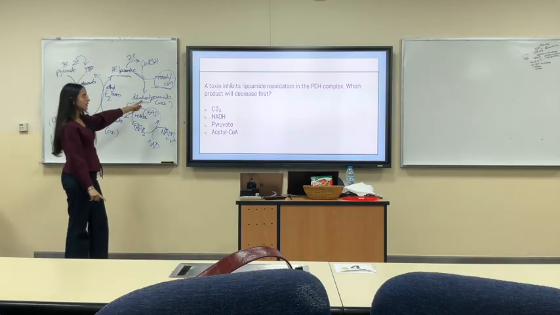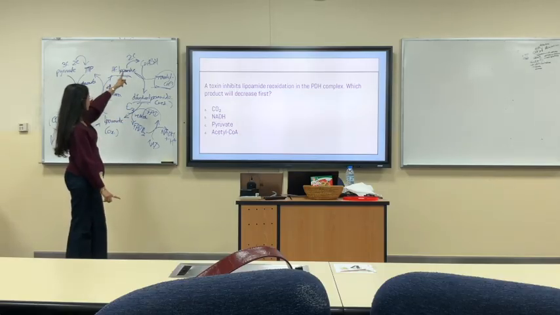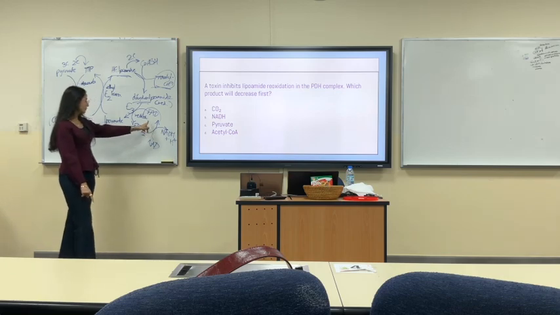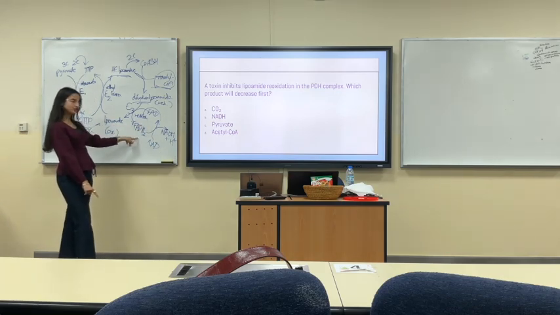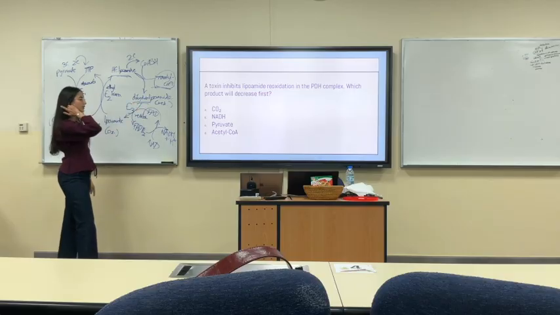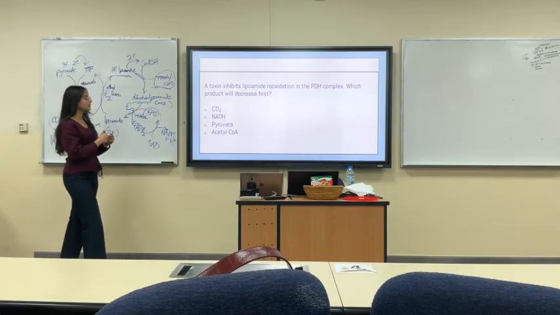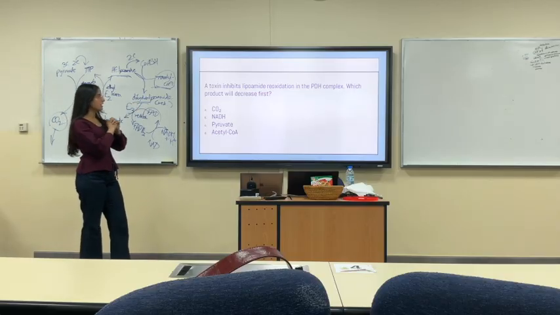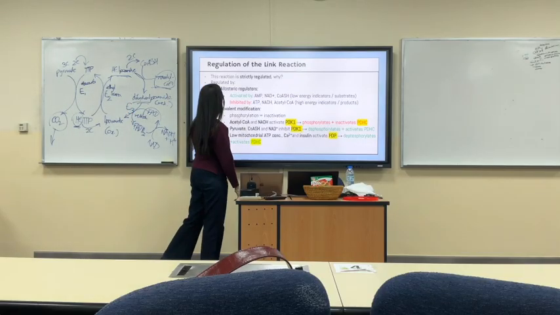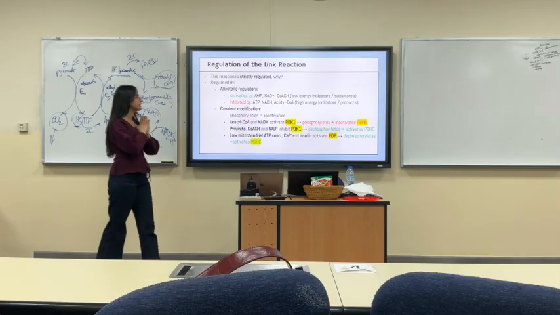Imagine it's not reoxidized. Which product will decrease first? Yes, it's B. NADH. Because we will not have FADH2, that means we cannot produce NADH. Actually, other compounds from these options will also be decreased, but the question is asking which will decrease first. The keyword is first.